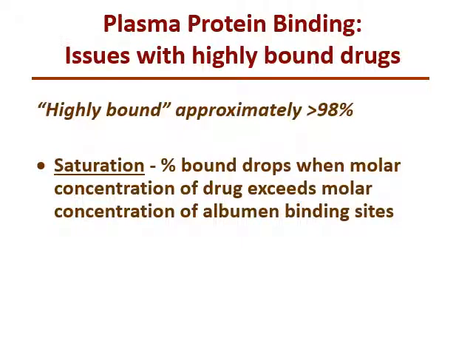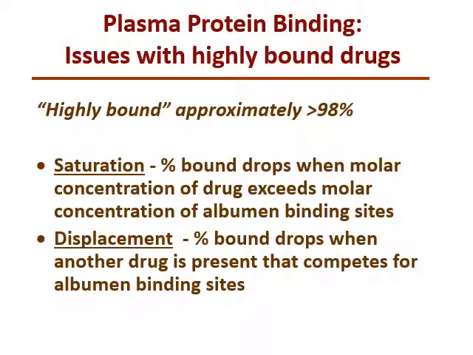That can happen with very large doses of certain drugs. Another thing that can happen is displacement, where you have drug A bound to protein. Remember, it's a reversible thing. Then another drug B comes in, and if it binds to the same site on the plasma protein, it knocks out drug A. It's kind of like competitive antagonism in a way.